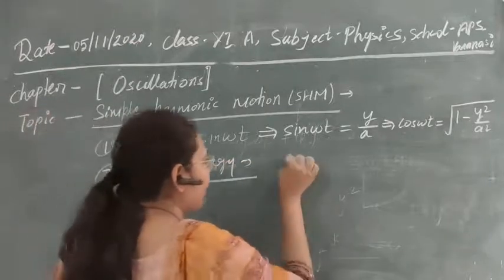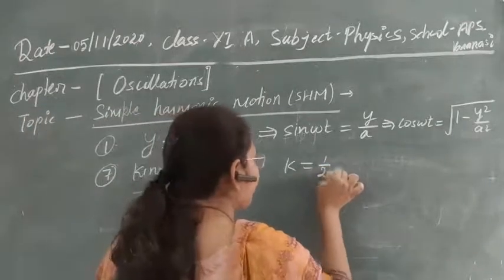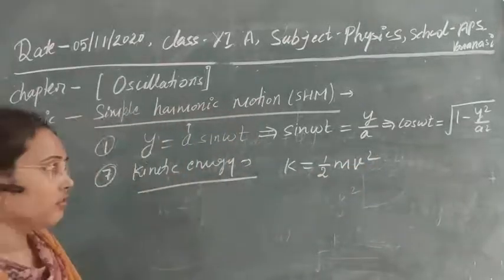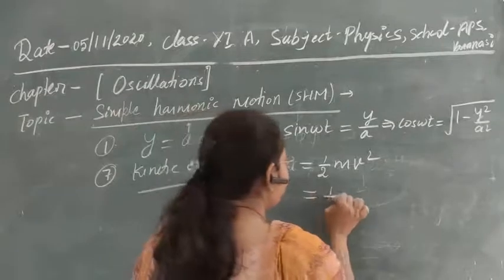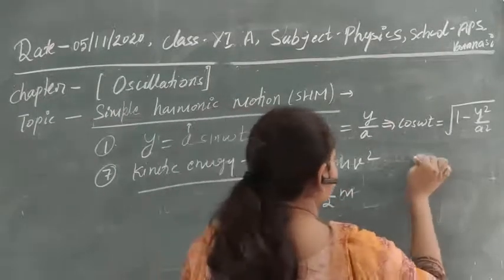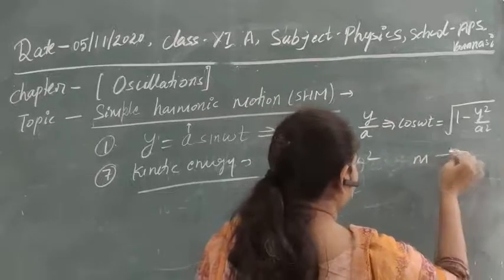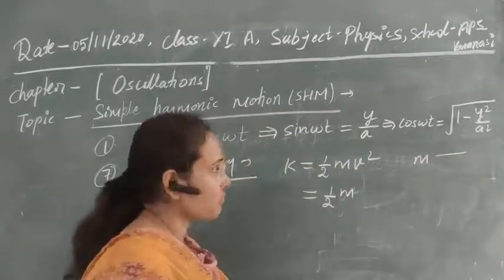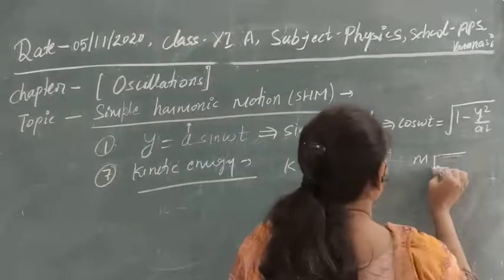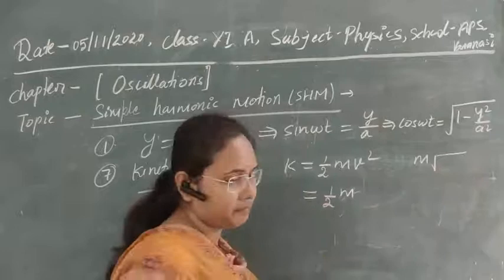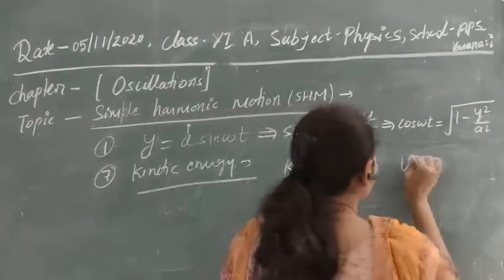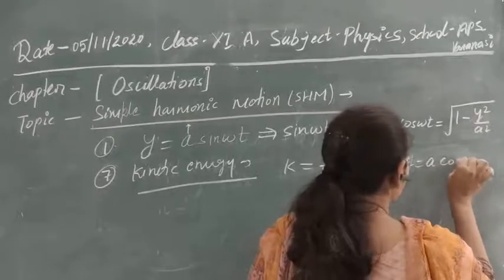As you know, kinetic energy is given by half m v square. So we have the value of velocity already. What is the value of velocity? If we see the velocity formula, that was a omega cos omega t.